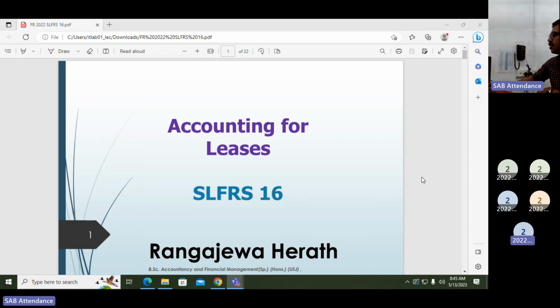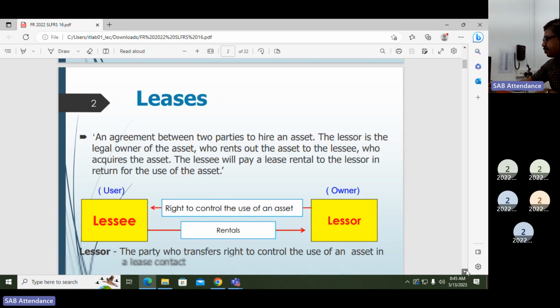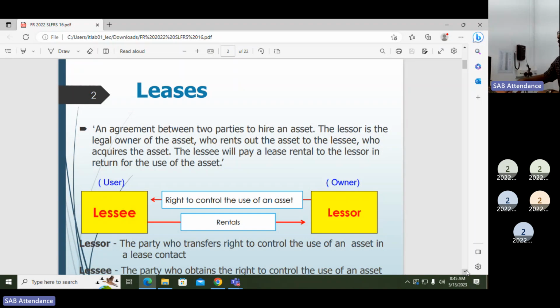Okay. Right. So, first of all, we should look at what is meant by lease. A lease is an agreement between two parties to hire assets. There are two parties.